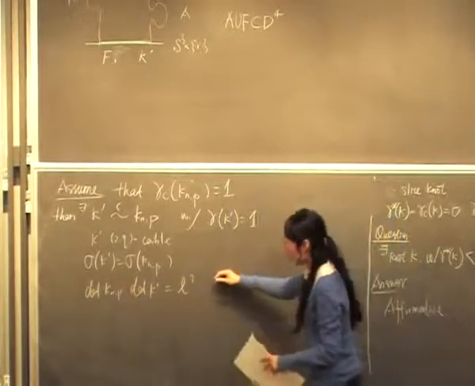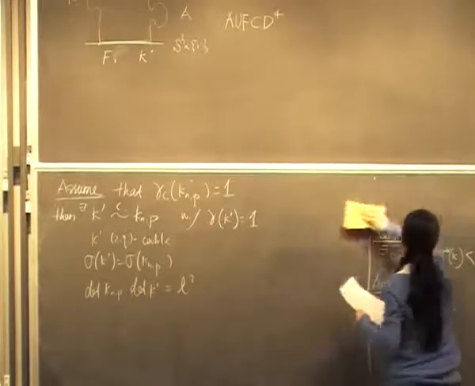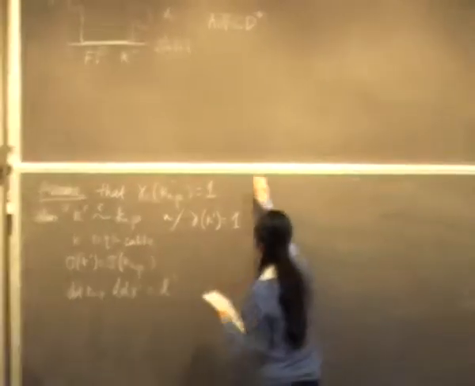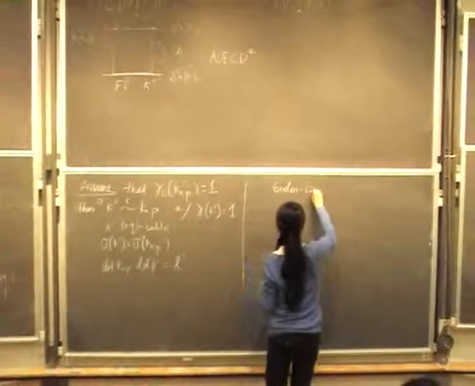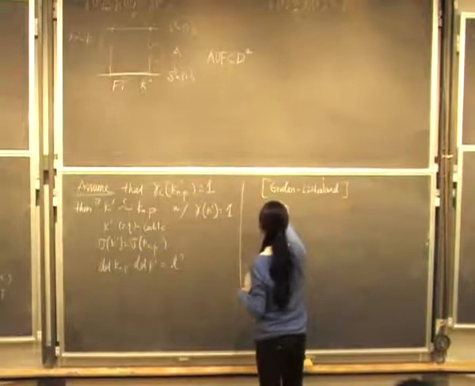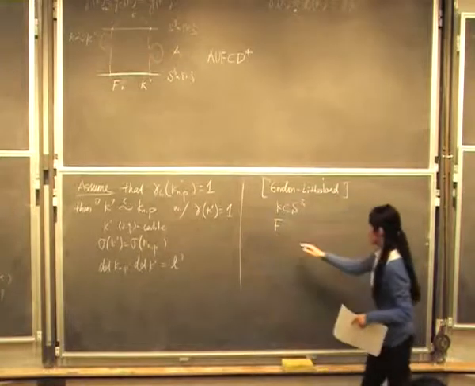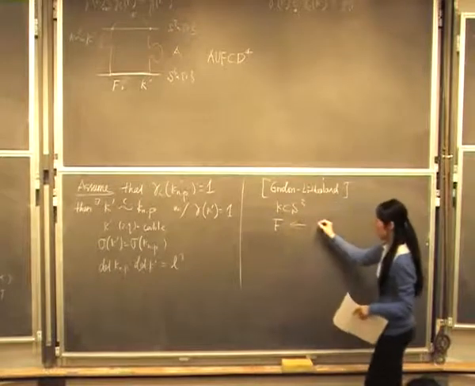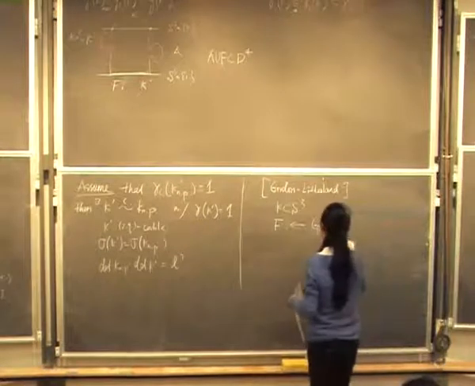To calculate the signature, there is a formula given by Gordon and Litherland. I will just write it here. So K is a knot, and there is a surface F bounding knot K, and we can associate to this surface a Goeritz matrix, and this Goeritz matrix can be calculated.